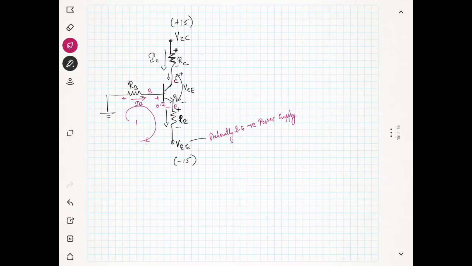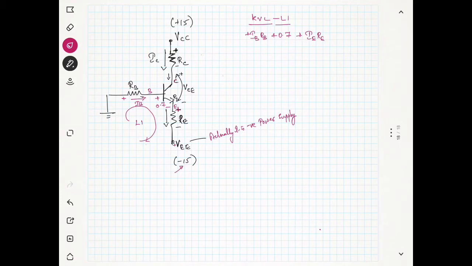Now we will start writing the KVL in loop 1. Since this is plus, we have plus IB RB, then plus 0.7, and plus IE RE. You can assume this also as positive, though actually the value is negative.